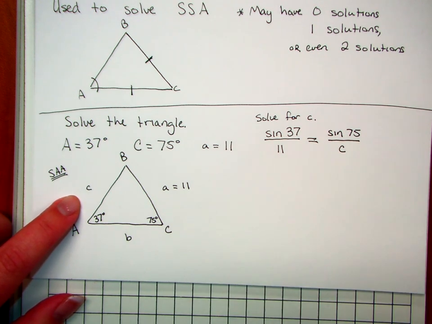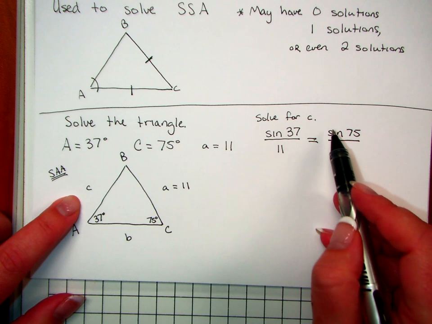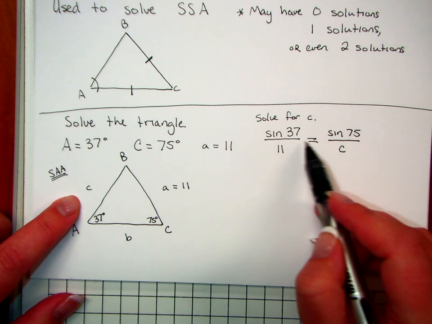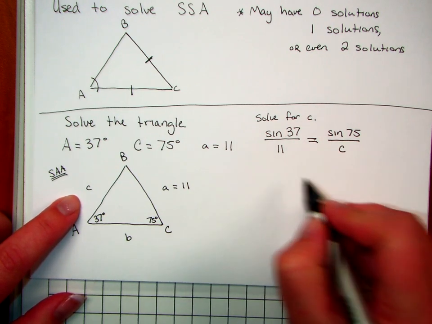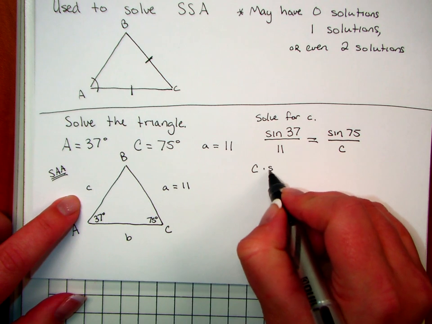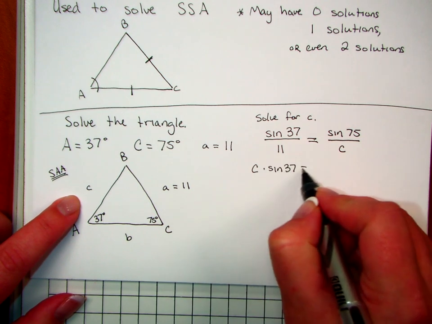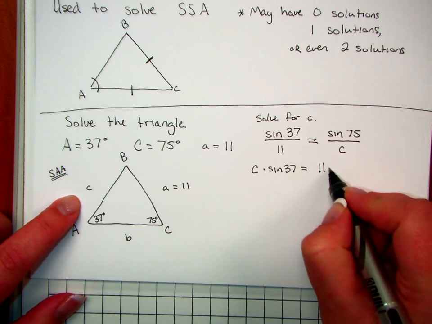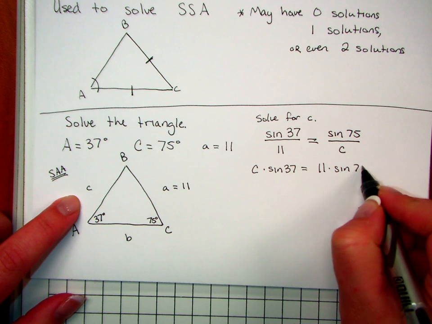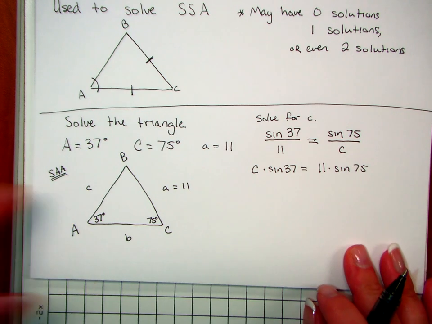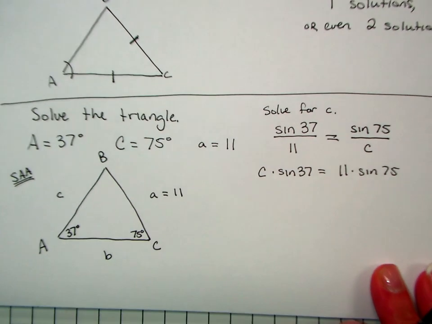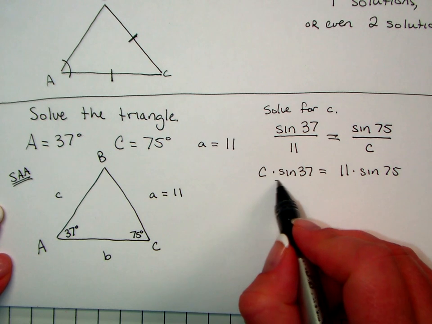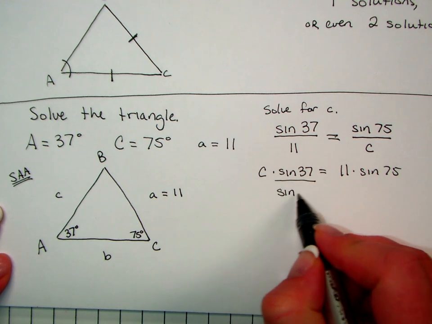In this ratio, we can solve for c if we cross multiply. So I'm going to get c times sine 37 equals 11 times sine of 75. And then solving for little c, I'll just divide both sides by sine 37.